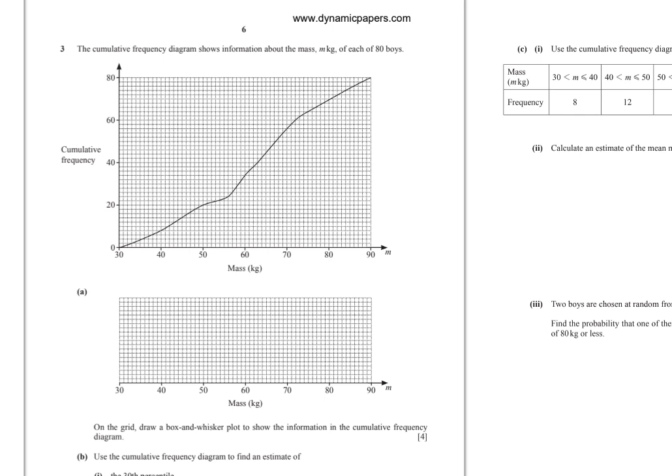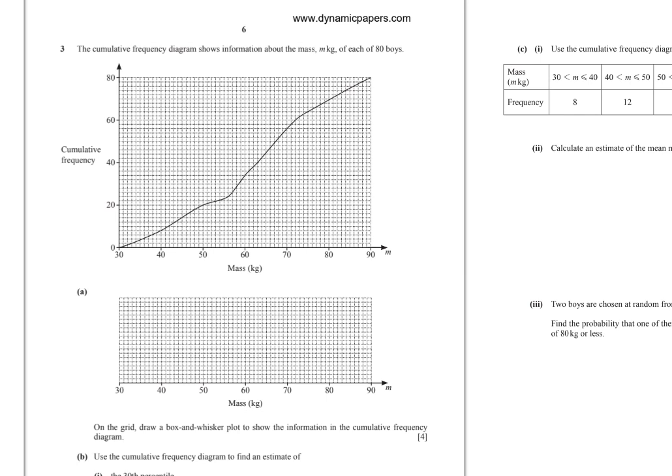Number 3, the cumulative frequency diagram shows the information about the mass m kg of each of 80 boys. On the grid, draw a box and whisker plot to show the information in the cumulative frequency diagram.